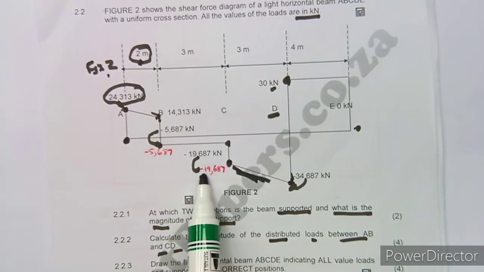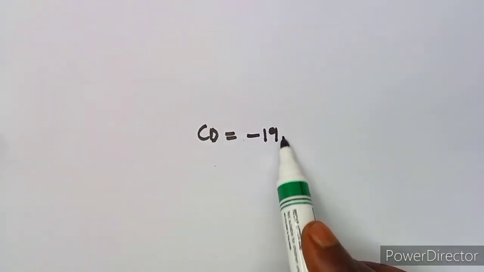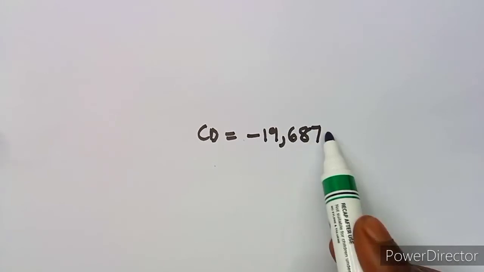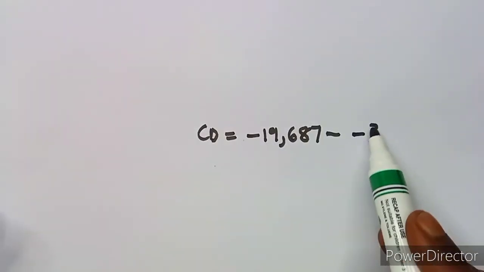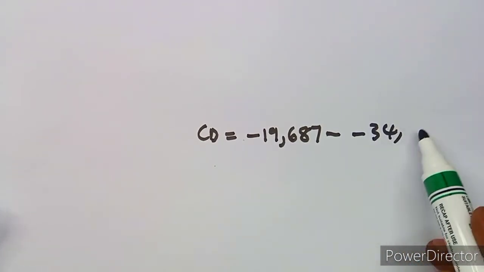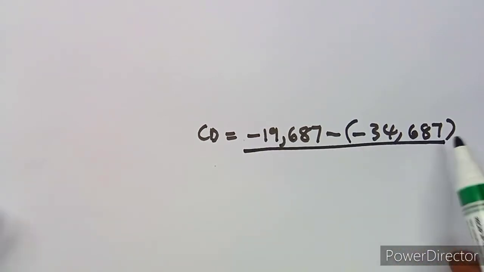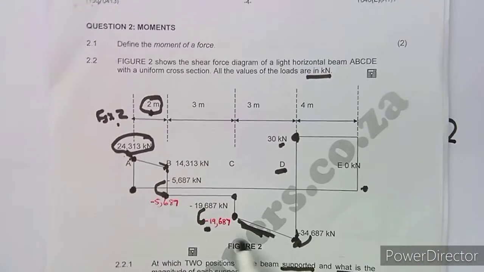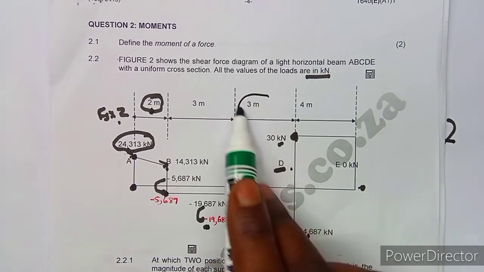So it's minus 19,687 minus this other force, which is minus 34,687 like this. Everything over the distance, because before you had to multiply by the distance which corresponds between C and D, which is the distance of 3.